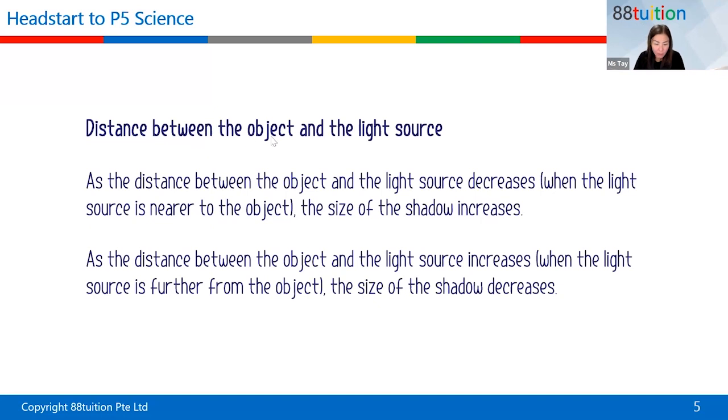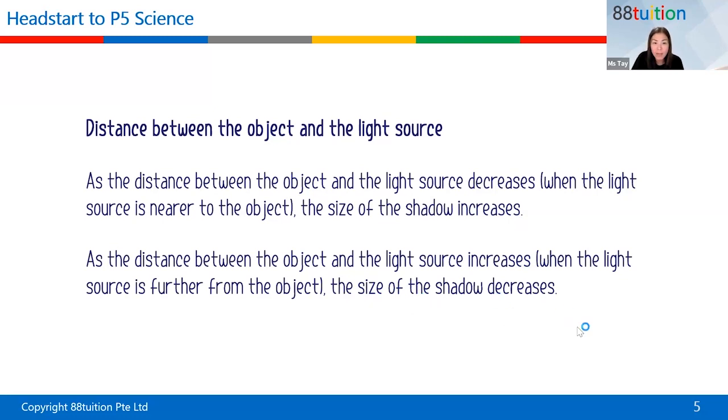So distance between object and the light source. If the distance between object and the light source decreases, the shadow will increase in size. Very good. As the distance between object and the light source increases, of course, the opposite will happen. The size of the shadow will decrease.